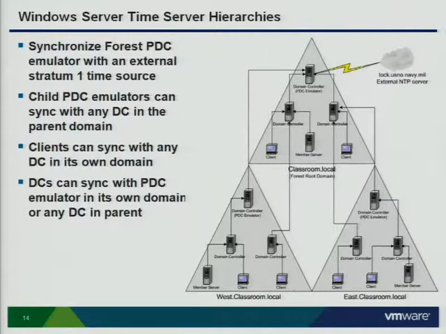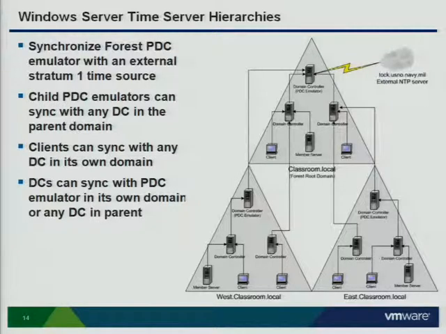This graphic is just to put a framework around the time synchronization issue with regards to Active Directory. Remember, this is showing simply a parent-child relationship. Who's the master timekeeper in every domain? The PDC Emulator, right? Remember that role is one of the five FSMO roles, but it's very important.